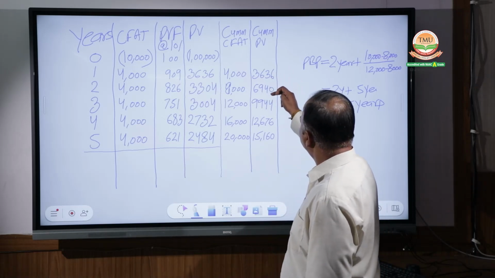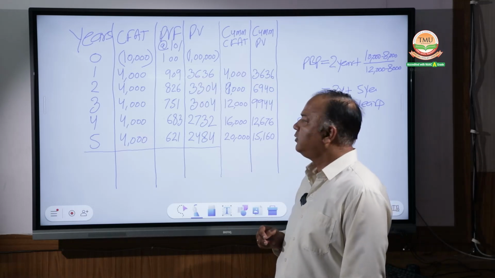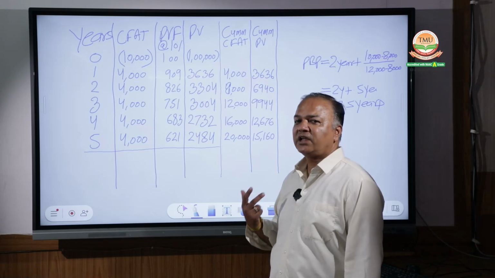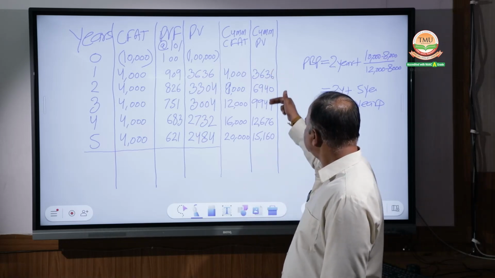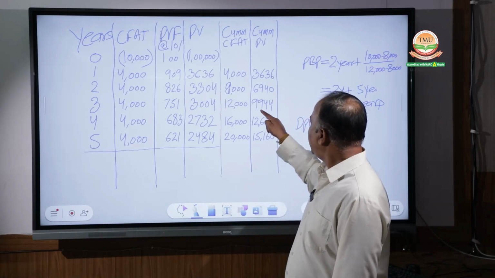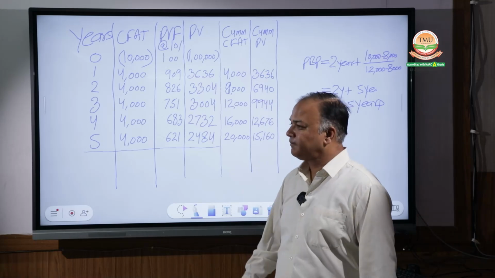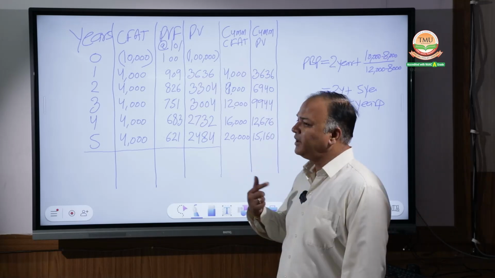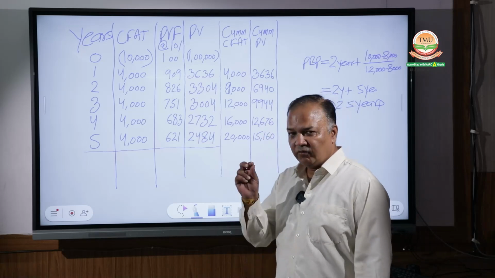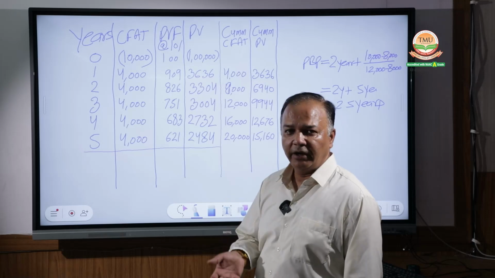Number 1, 2, 3. What you have to do, simply you have to check the point where we will recover rupees 10,000. If we see the column, it's very much clear that 9944 we are recovering in year number 3. But in completion of year number 4, we will recover 12676, and we have to check the point where we are getting rupees 10,000 in return.